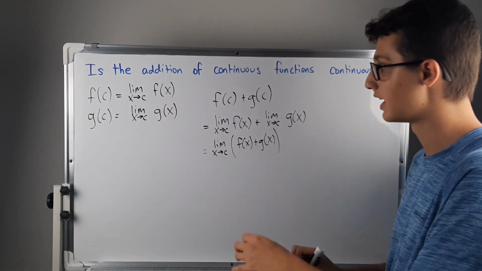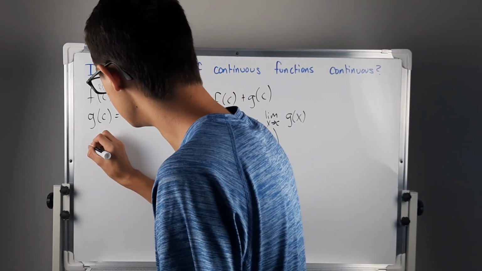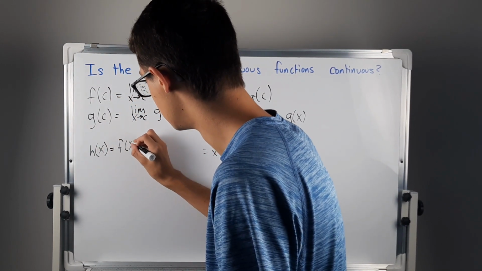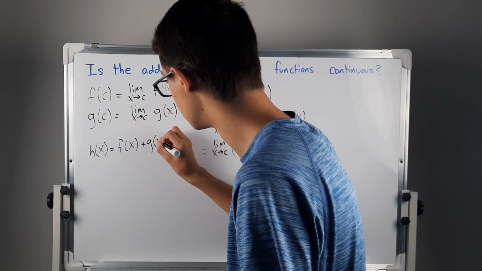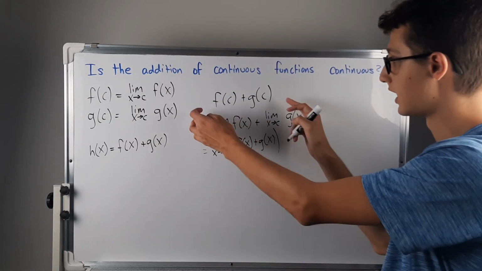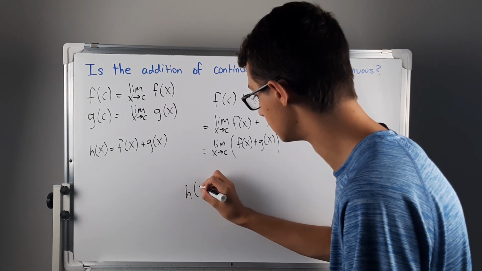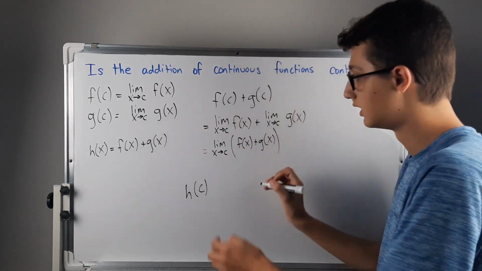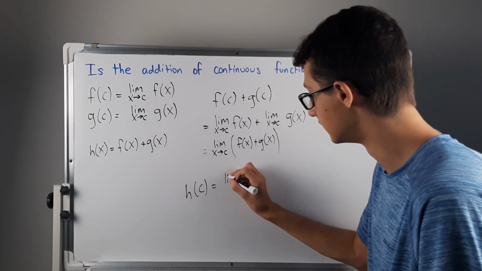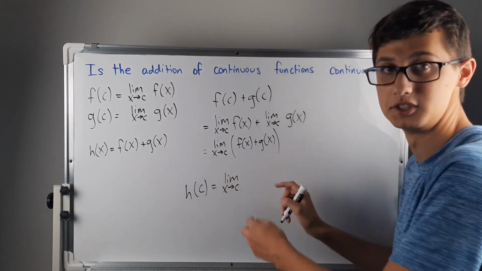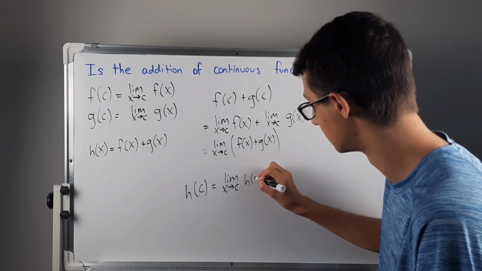And if we take a new function h, and we say h of x equals f of x plus g of x, what we've established is that h of c is equal to the limit as x approaches c of f of x plus g of x, which is h of x.